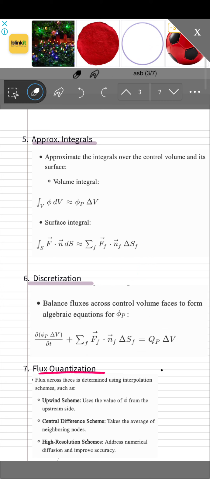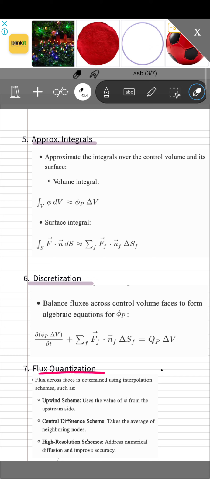Now, the finite volume method, as previously told, is based upon this flux quantization, and it is the most important part of this finite volume method. When we are considering flux quantization, there are different regions in a flow where the flow is not at all uniform.